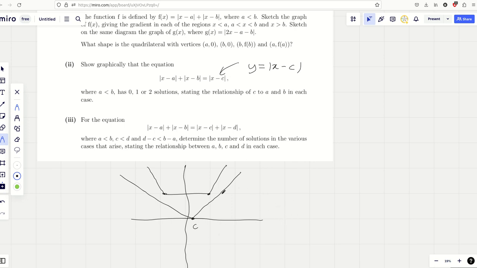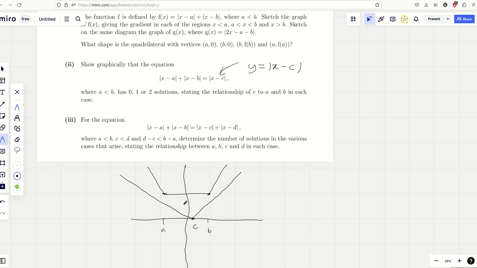Now, clearly, the way I've drawn it here, with a there and b there, if c is in between a and b, because the gradients are 1 and -1, whereas these gradients are 2 and -2, and this is a square, remember? It's only going to be when c is at b that that's going to have a gradient of -1, and it's only going to be when c is at a that from here to here you're going to have a gradient of 1.